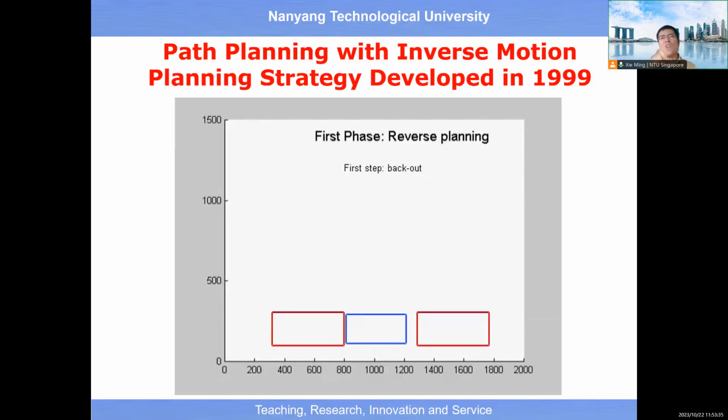On top of this terminology, there's another terminology in robotics which is called trajectory planning. So now you see we have path planning and we have trajectory planning.